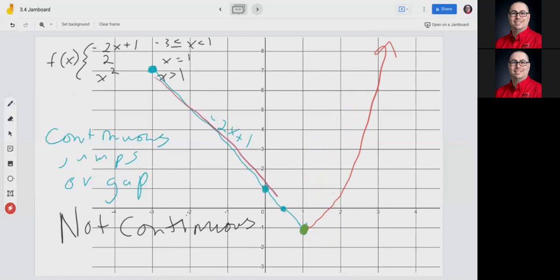There's no jump or gap. It's just whoop. There's no jumps or gaps happening between where those functions are handing off to each other. It's just a smooth transition between them all. That would be a continuous piecewise defined function.